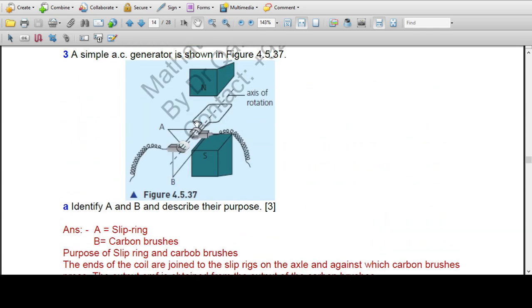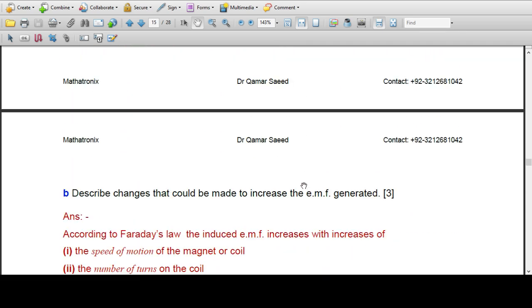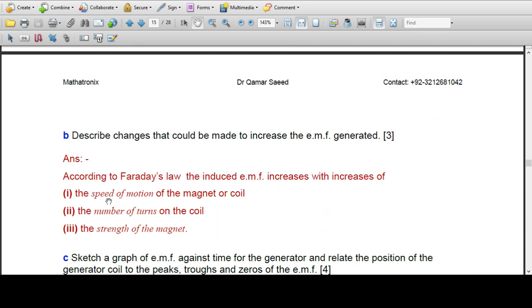If we increase a single turn to multi turns, then definitely the EMF will increase. If we increase the strength of this magnet, or if we change the speed of the motion of this coil or turn. So these three factors are there: speed of motion of the coil or magnet, number of turns on the coil, and the strength of the magnet.